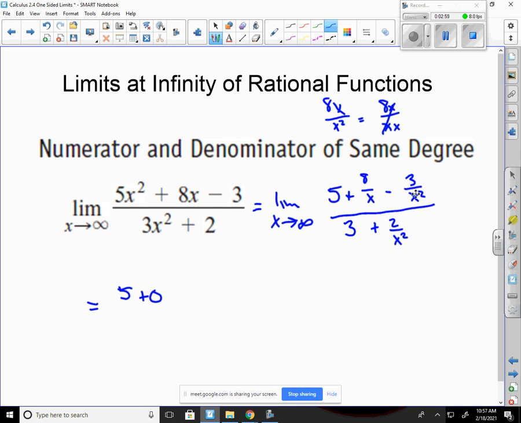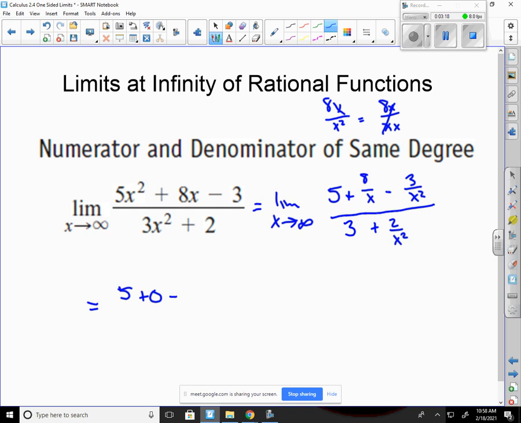If I do 3 over x squared, this one's going to be even smaller. So using the squeeze theorem that we learned last section, and the fact that we know that anything over x converges to 0, so does this.